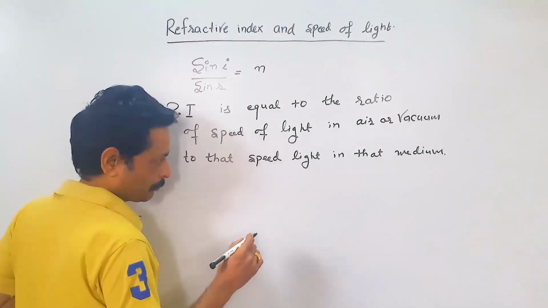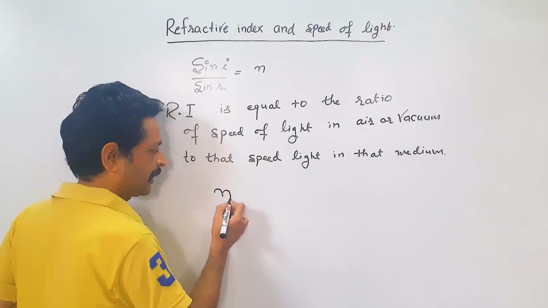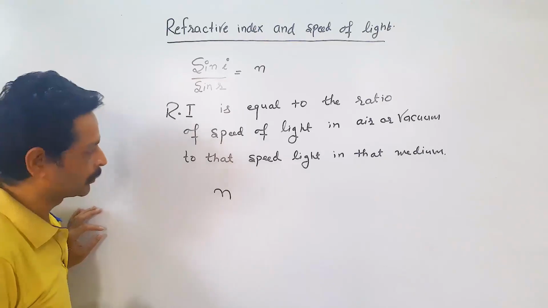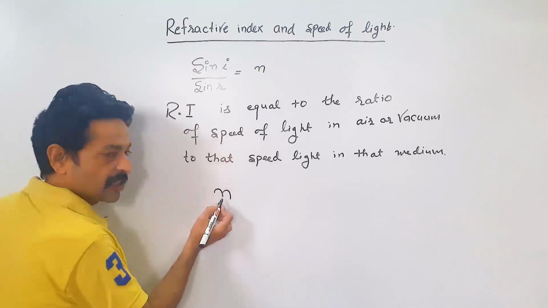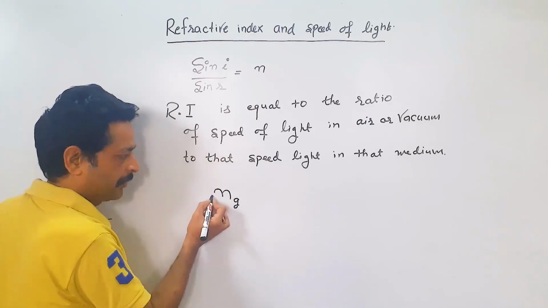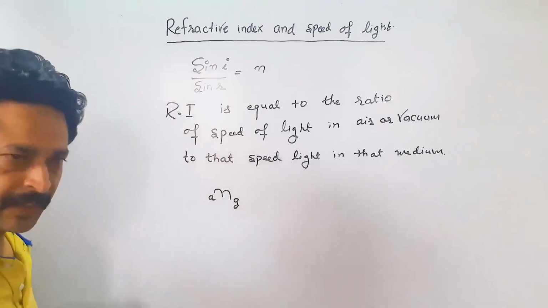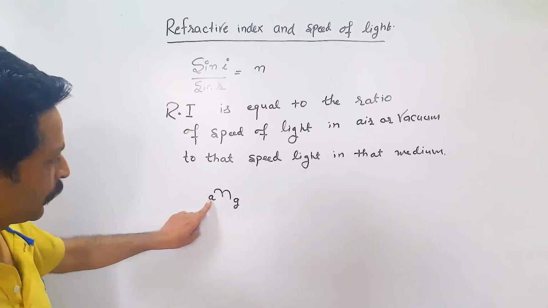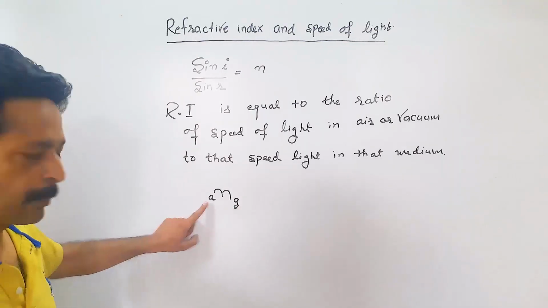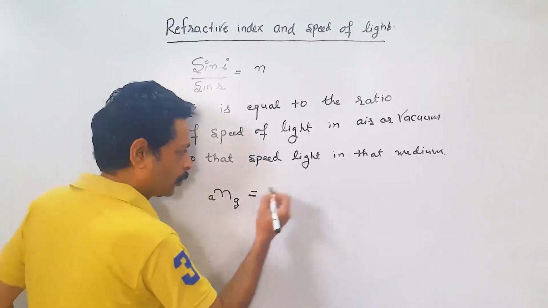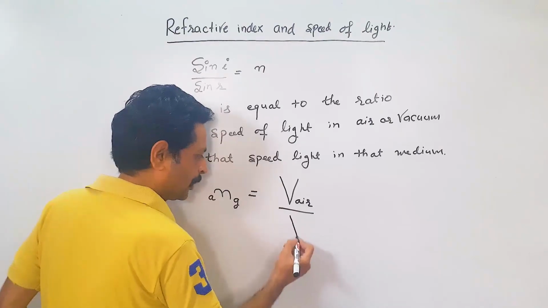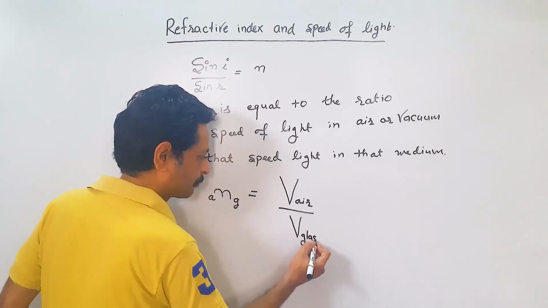For example, refractive index of glass with respect to air. Look here how we will write it. This is the symbol of refractive index. We will write glass here and air here, and we will read it like this: when light goes from air to glass, the refractive index of glass with respect to air will be equal to speed of light in air over speed of light in glass.